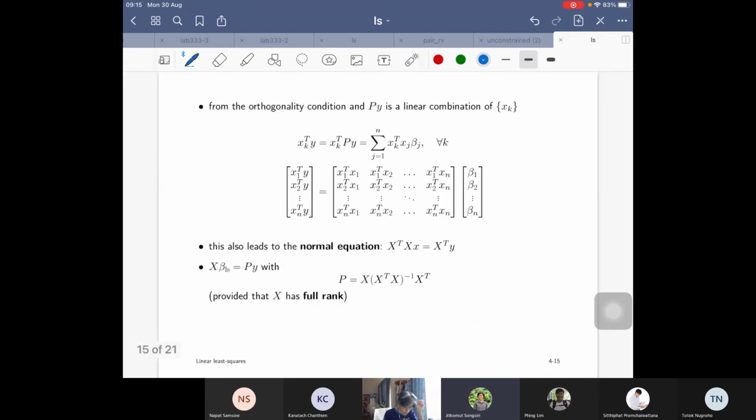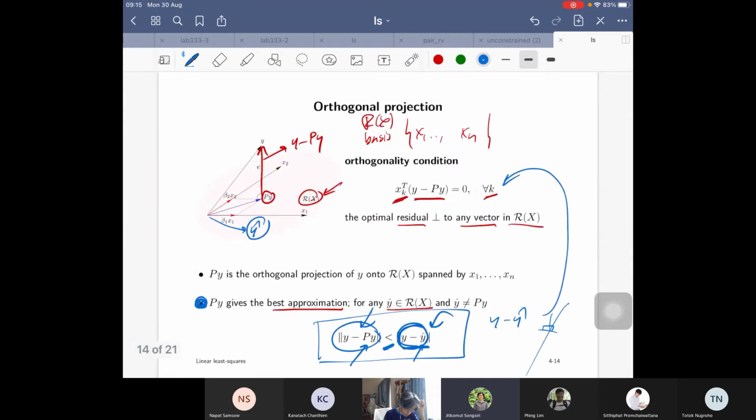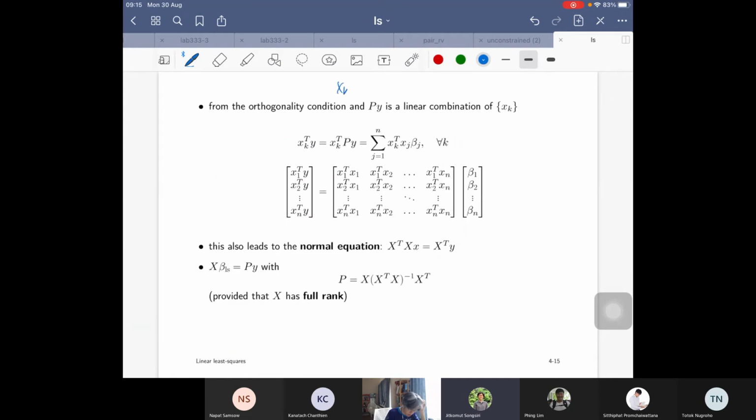Next, from the orthogonality condition, which is xk transpose times y minus py equals 0, I'm going to write it as xk transpose y equals xk transpose py.